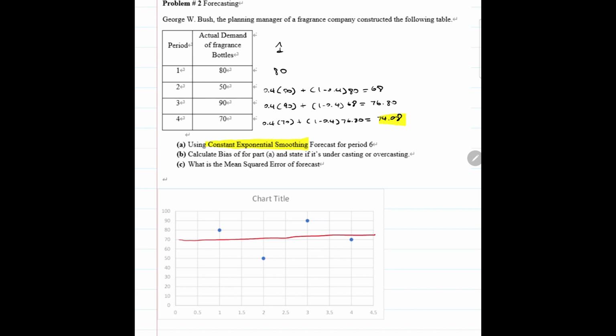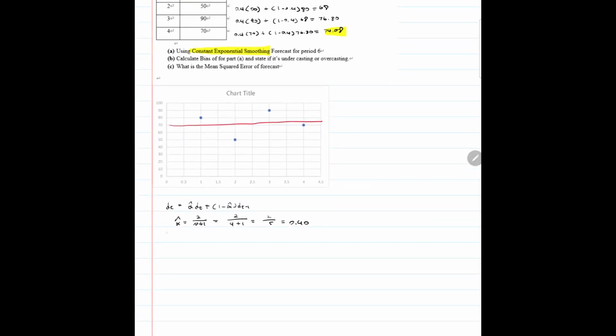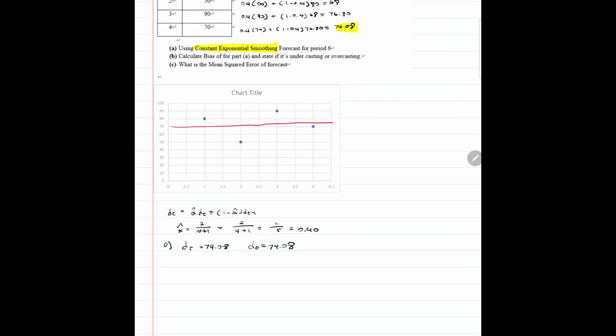So demand on period 5 is 74.08 and demand on period 6 will be 74.08. It's similar to what we drew here. It's not all like a straight line, though, but it's kind of similar, so we can see that it's about right. Let's go to B.